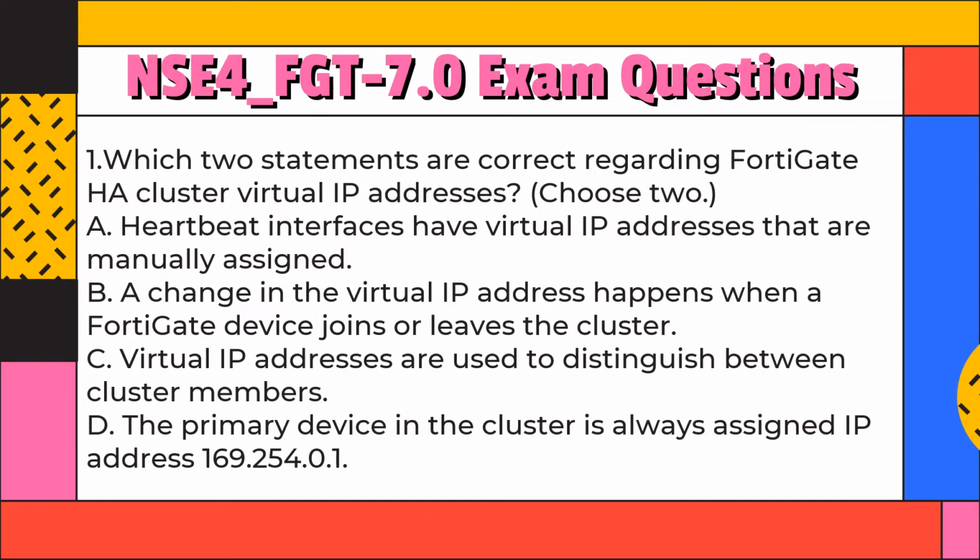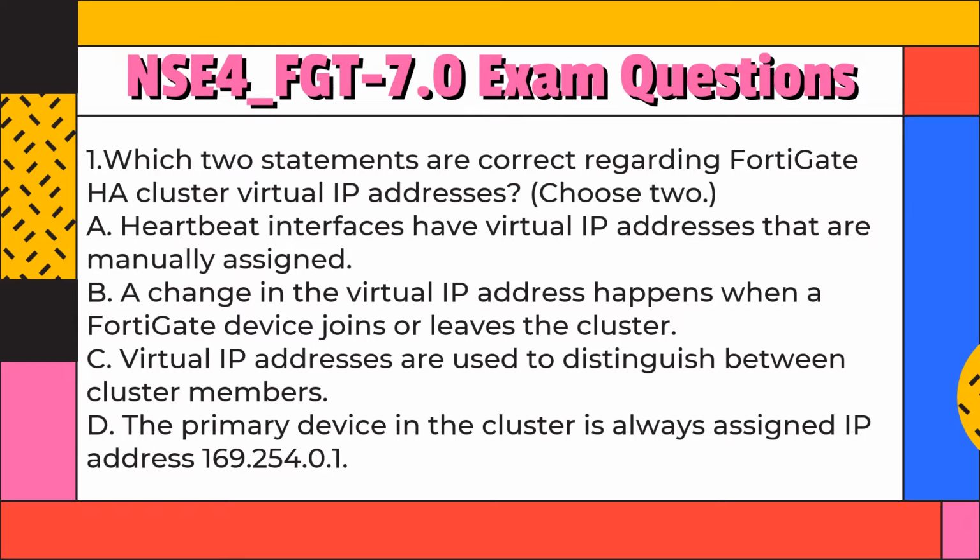1. Which two statements are correct regarding FortiGate HA cluster virtual IP addresses? Choose 2. A. Heartbeat interfaces have virtual IP addresses that are manually assigned. B. A change in the virtual IP address happens when a FortiGate device joins or leaves the cluster.